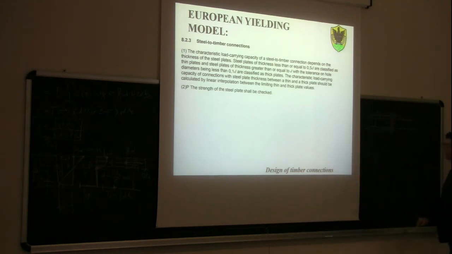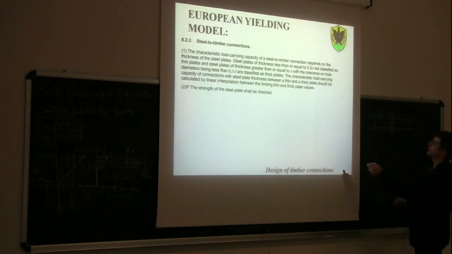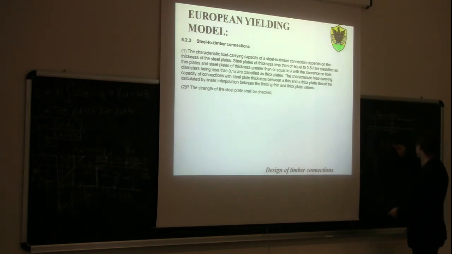So, you see that if T is less than or equal to 0.5 D, then we define the steel as a thin plate.